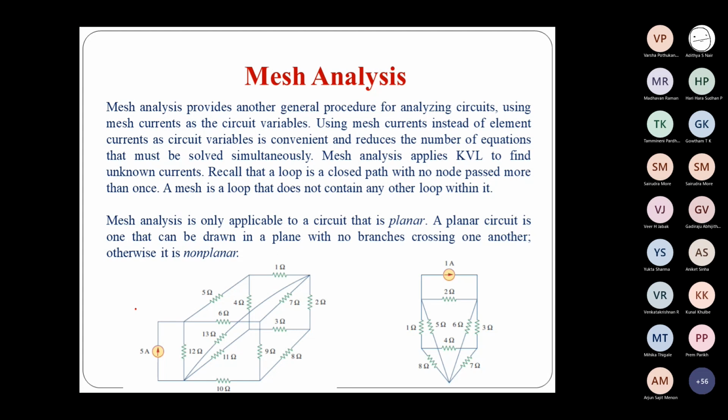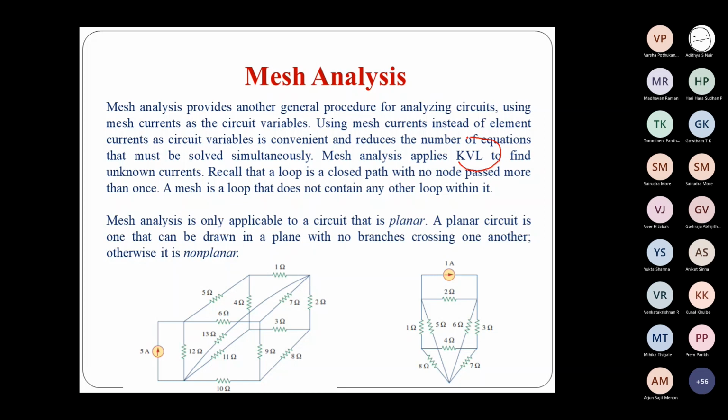That way we were finding out. So now here we are going to consider the mesh current, and we are going to write the loop equation using KVL. Okay, so mesh analysis is basically using KVL.